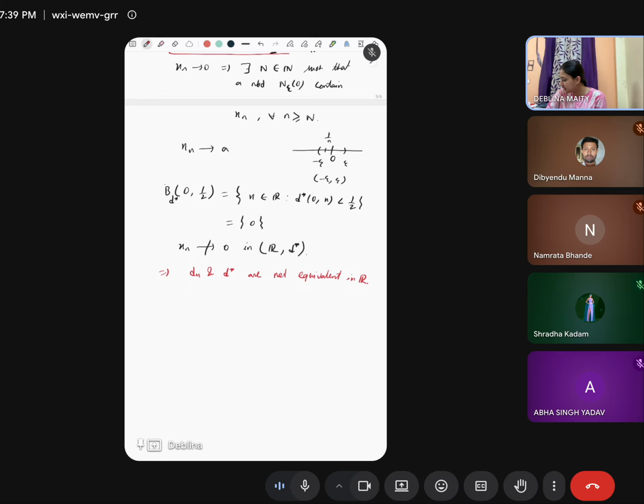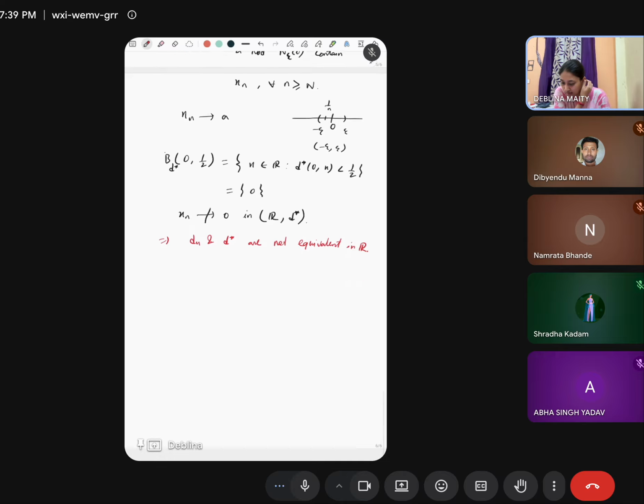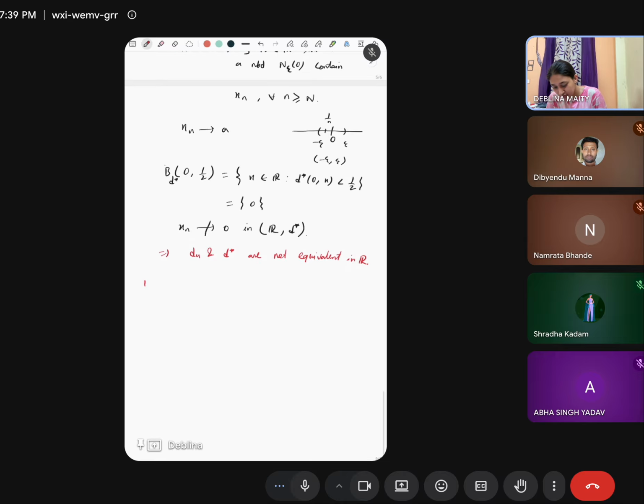Now we'll discuss Cauchy sequences. We'll discuss completeness and compactness in this session. First is the Cauchy sequence.